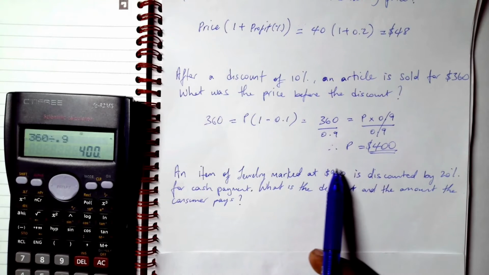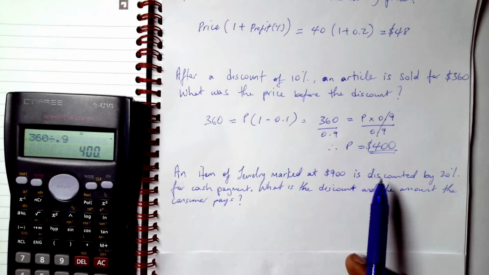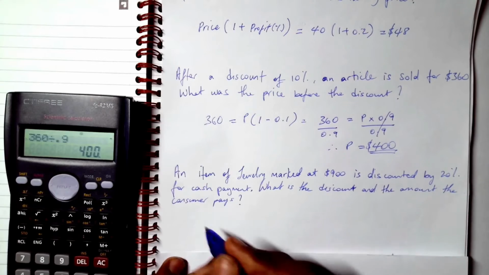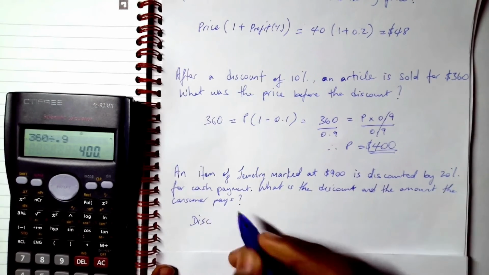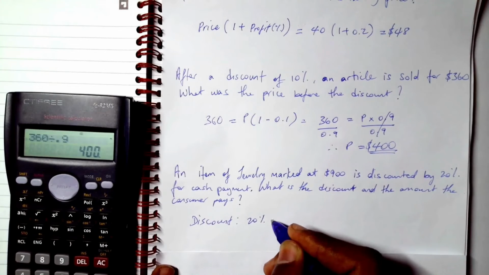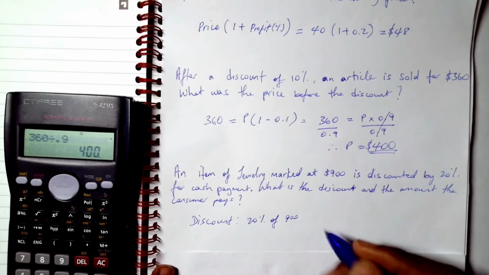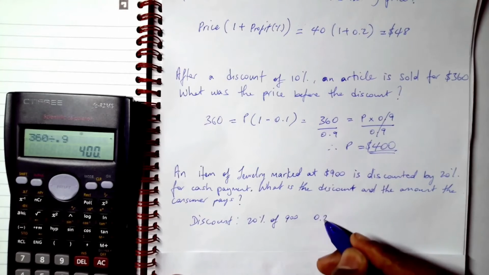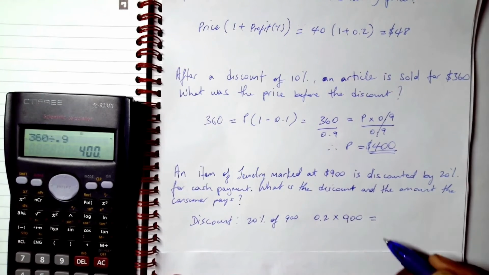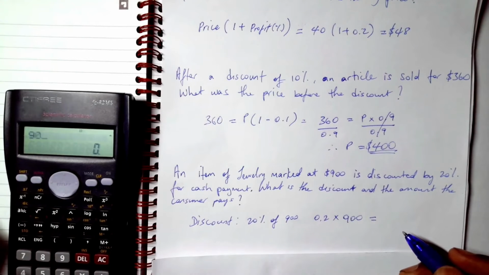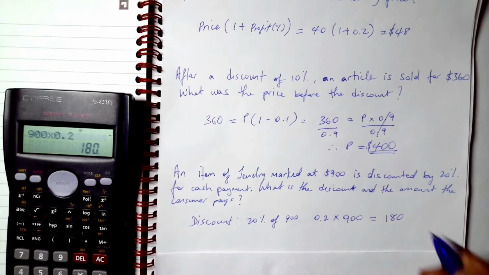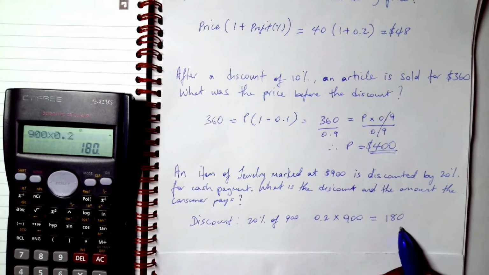So we must find the discount. The discount will be 20% of the 900, which is 0.2 multiplied by 900, which is 180. So this is the discount.